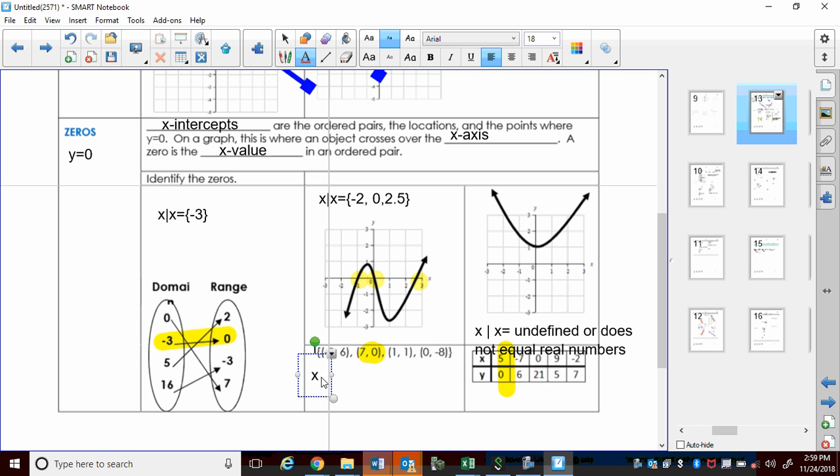Next one, x such that x equals 7. Last one, x such that x equals 5.